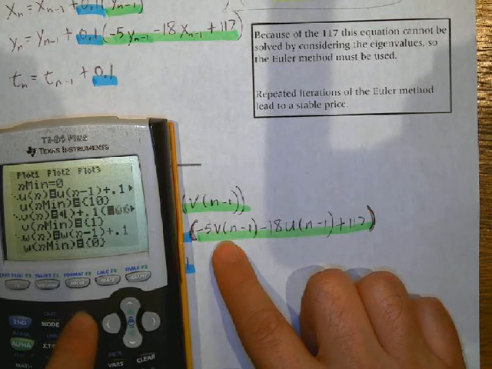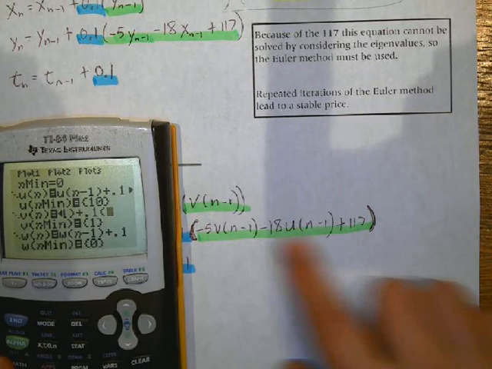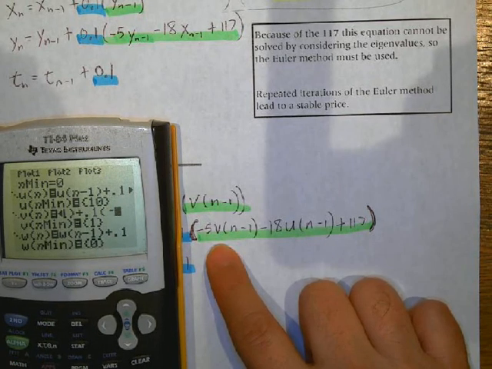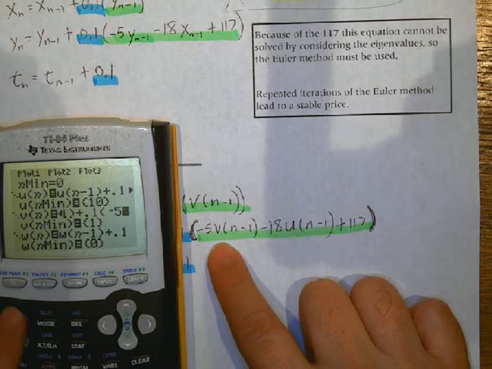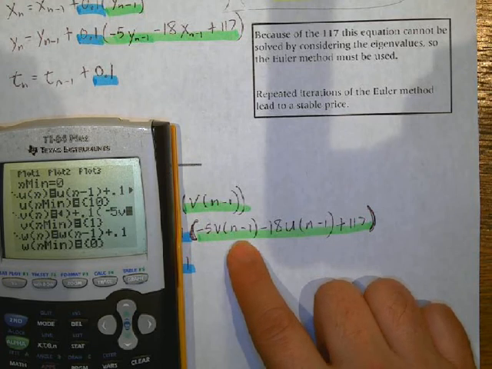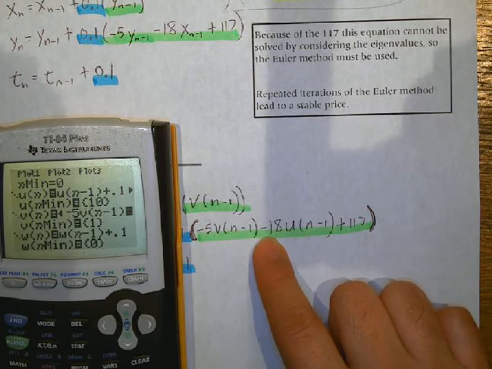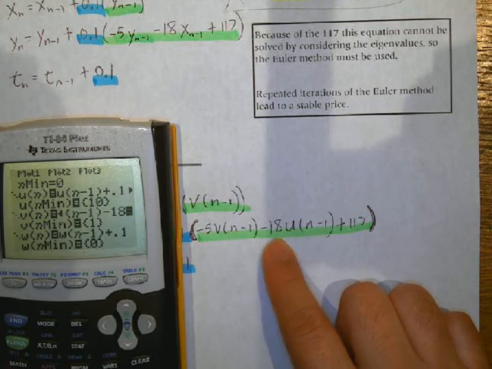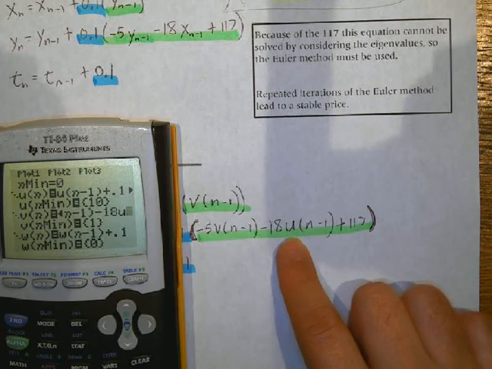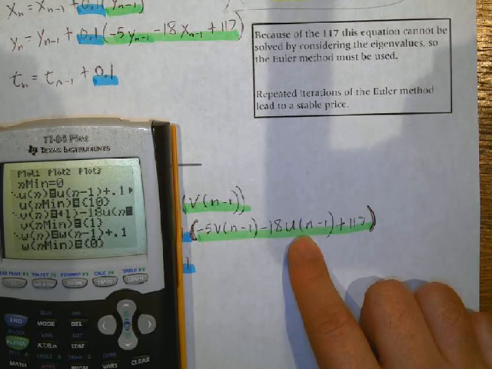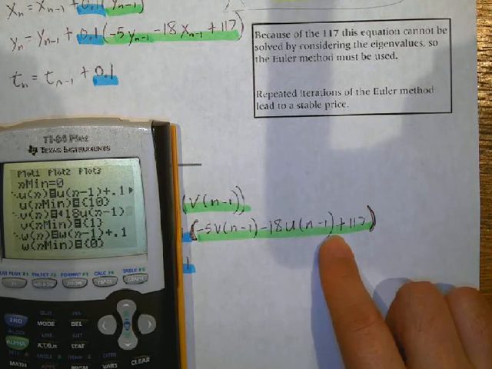Now I'm going to type in this long green line: -5 v(n-1) - 18 u(n-1) + 117. Hopefully I've typed it in correctly.